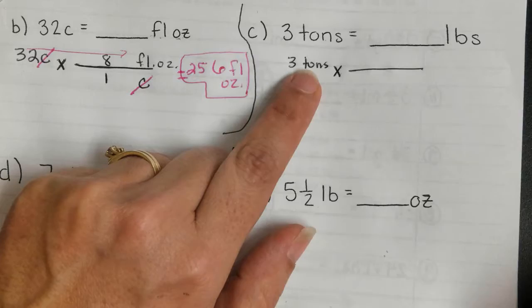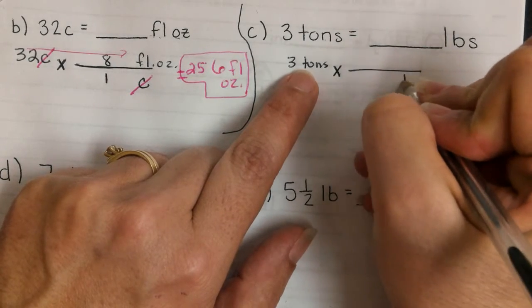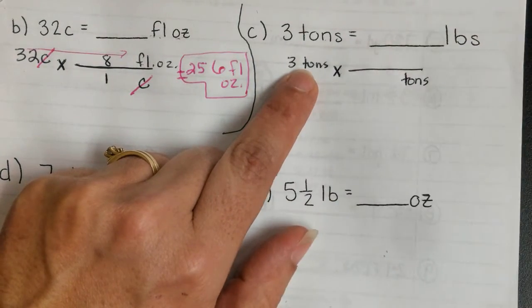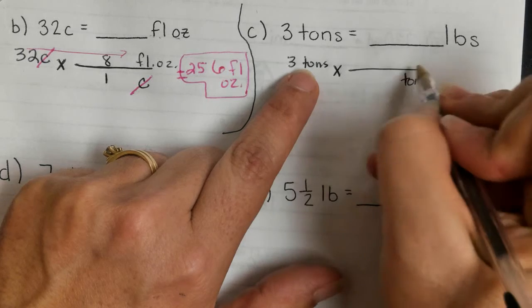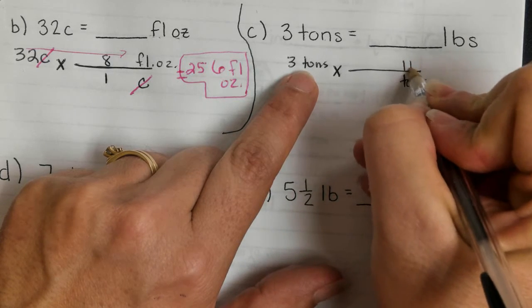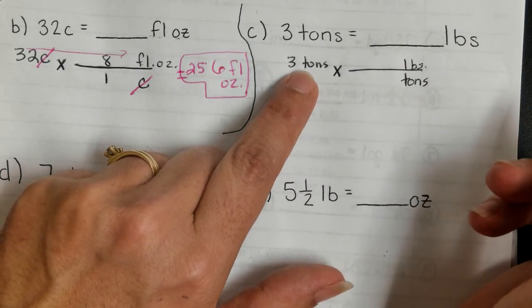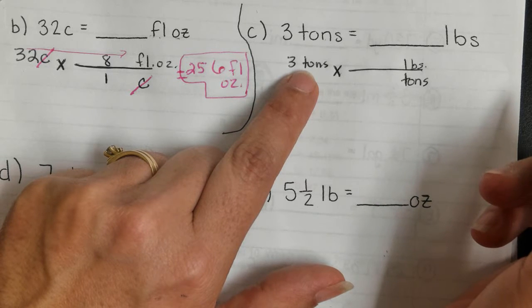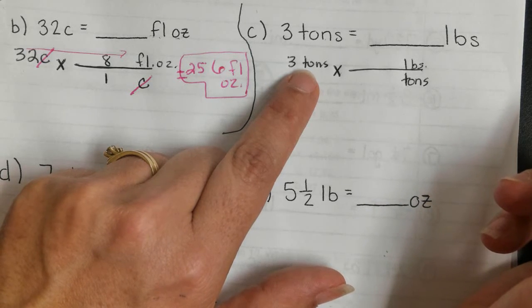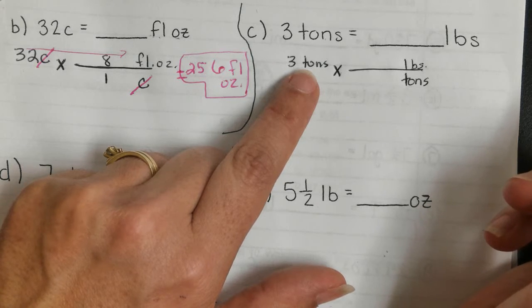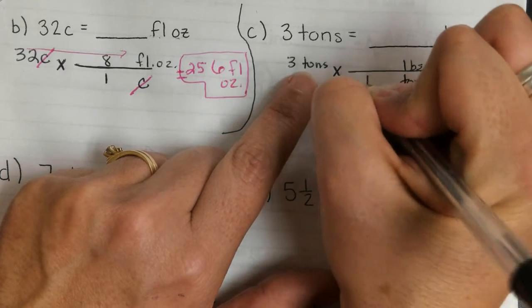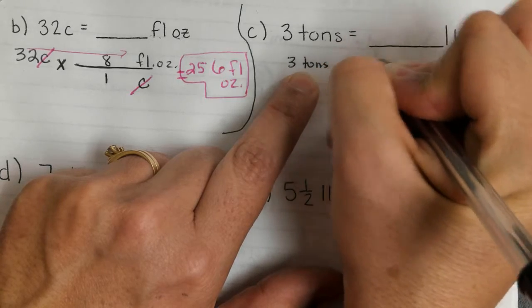If tons is on top here, I need it on the bottom there. What do I need up here? Pounds. LBS is pounds. So I need pounds to tons. There it is. 1 ton is 2,000 pounds. Okay.